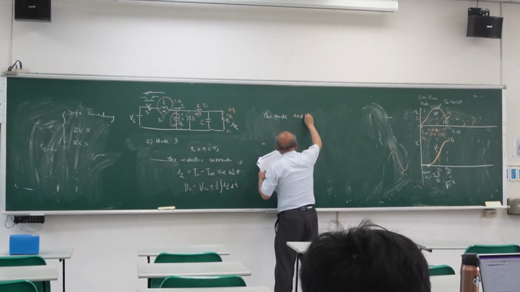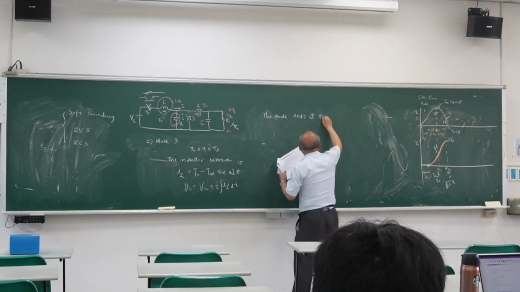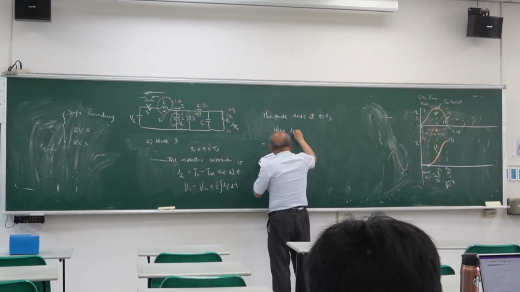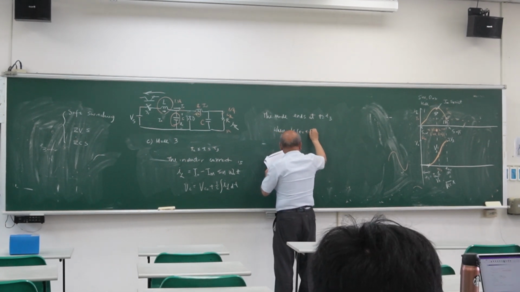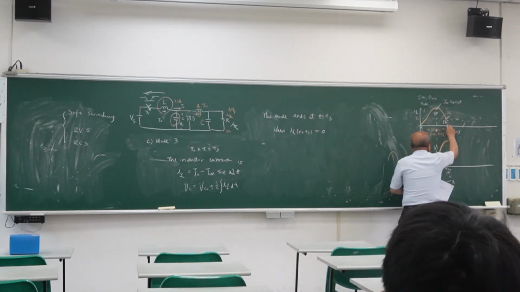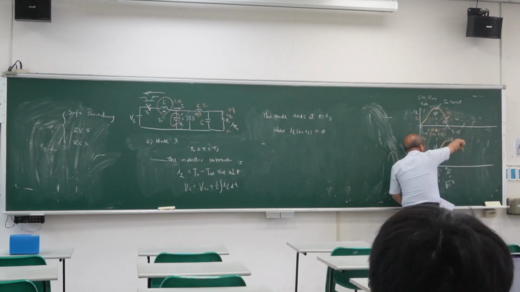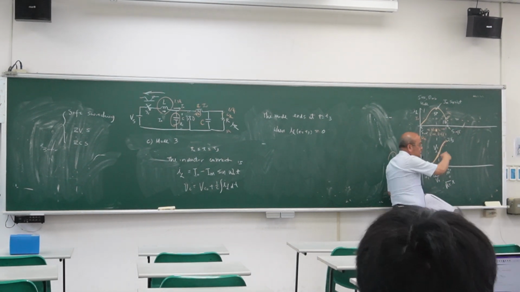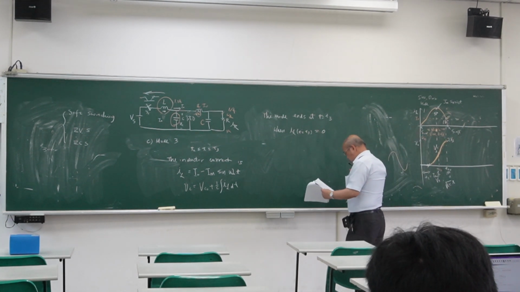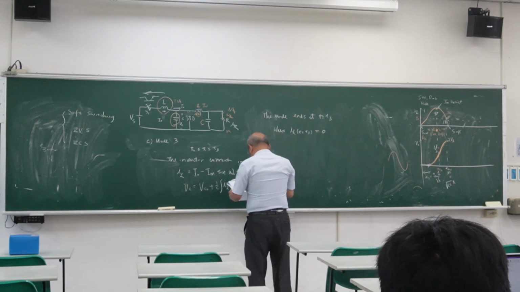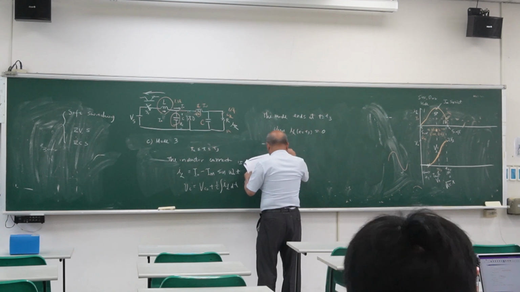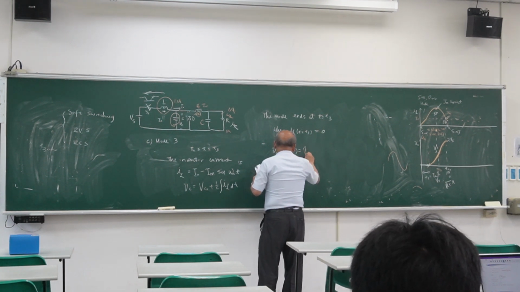So it ends at t equal to t3, when IL at t3 reaches 0 ampere. So this is the final point, because then S is off, right? If S is off, then we cannot create the sinusoid again. So we can reach this point. Okay, then VC at t equal to t3, we call VC3.